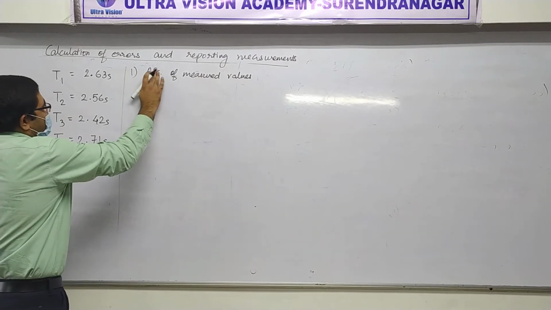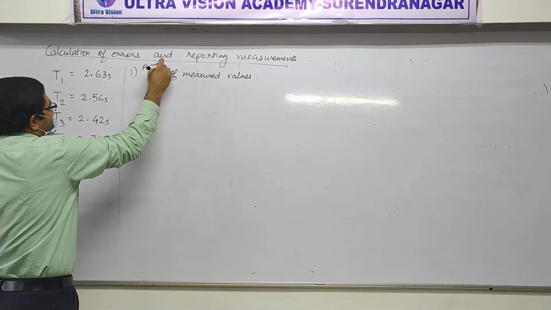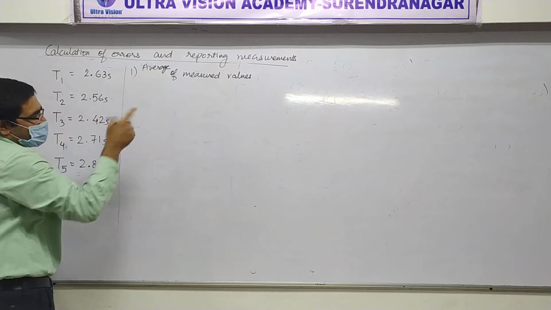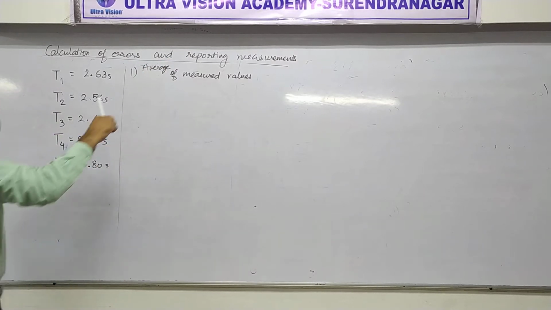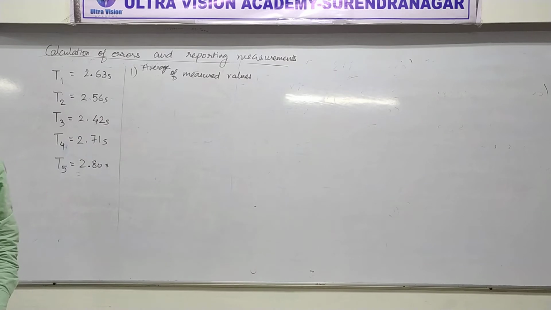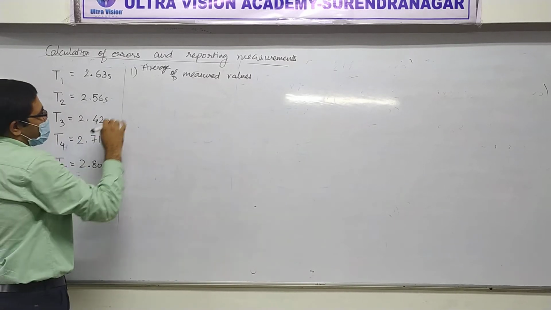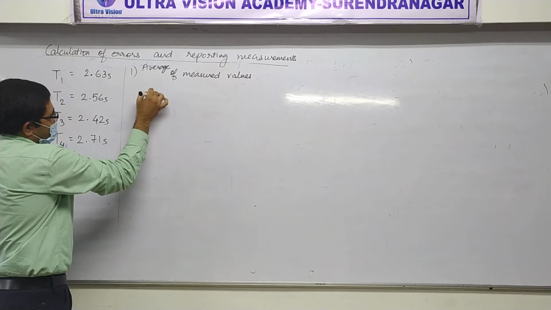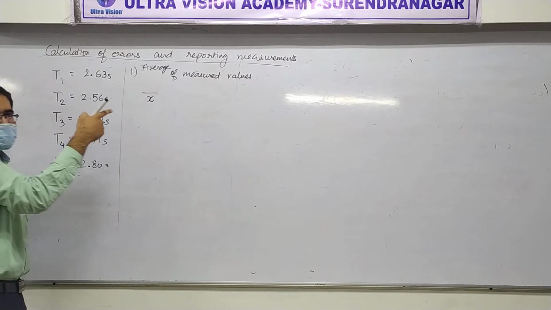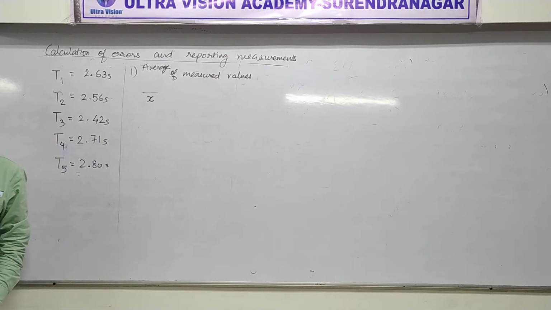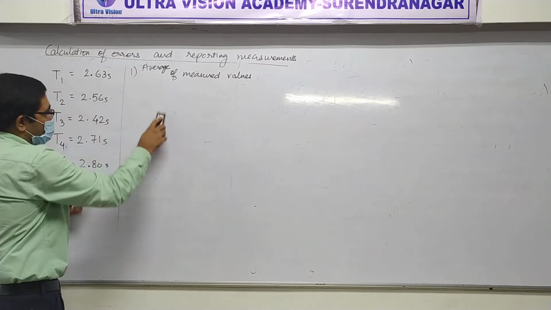Now, generally, average, A-V-E-R-A-G-E. Now on, I write AVG for short always. Average of measured value. Now, what is the symbol to indicate average? You might have seen this in 10th standard. Have you noticed that ever? X bar, bar for average. Yes or no? Yes.